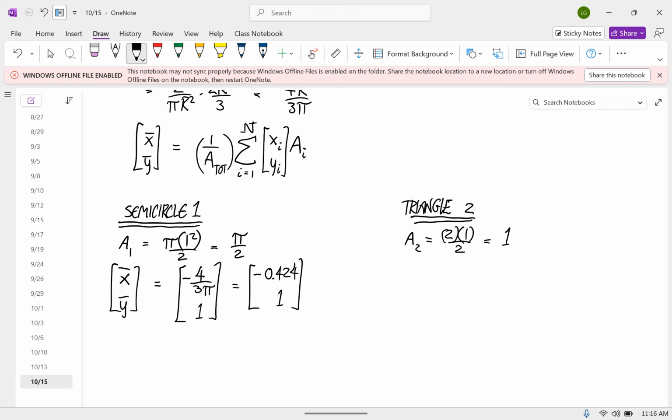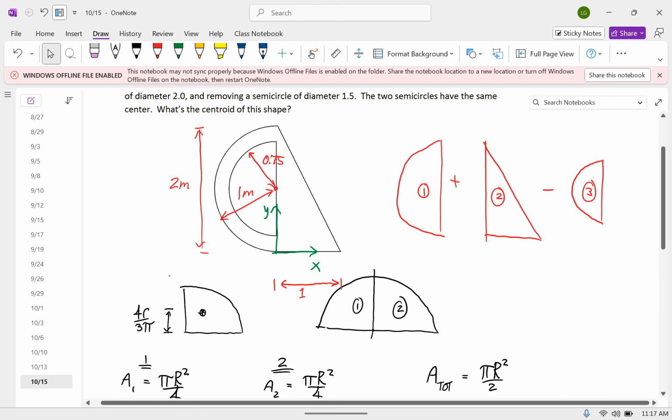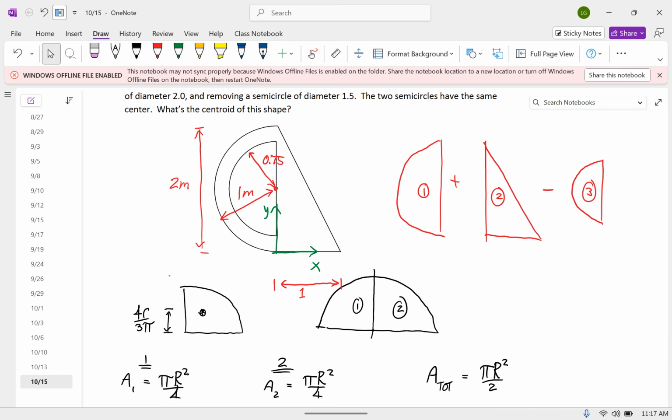And now the centroid of that, we know that in the x direction, it's going to be 1/3 of the way.